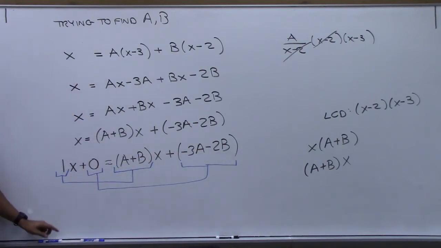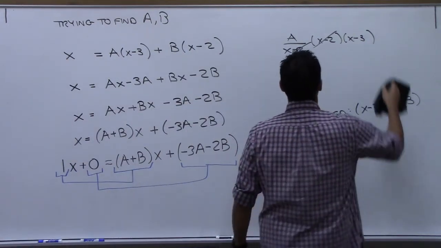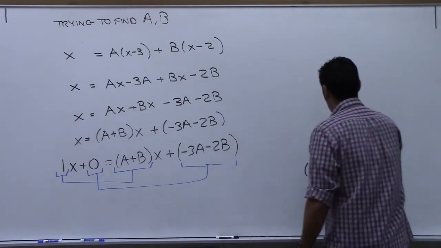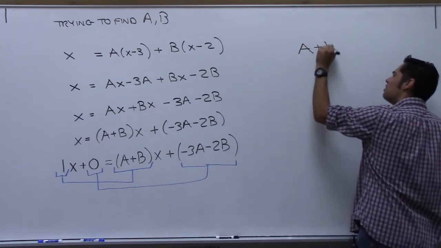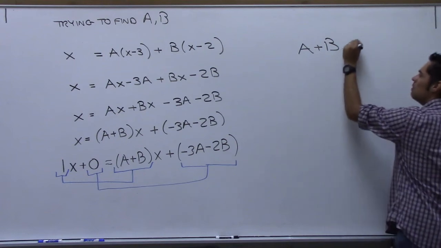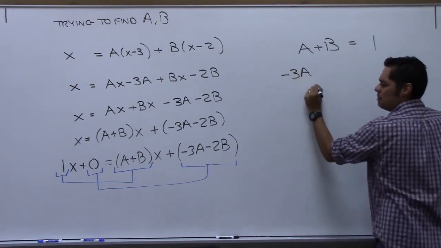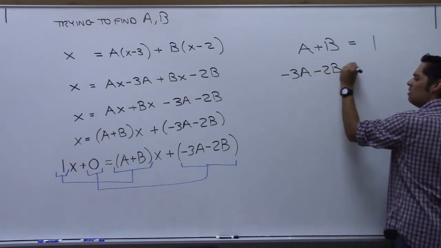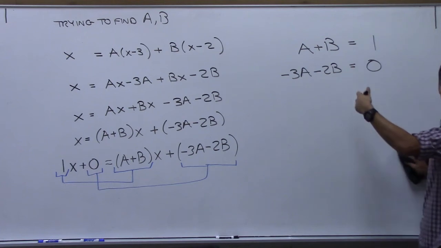That's 2 different statements, right? 2 different, what do we call those? What did we say? We're saying a plus b must equal what? 1, and then the other thing we're saying is negative 3a minus 2b must equal what? 0, and what is this?